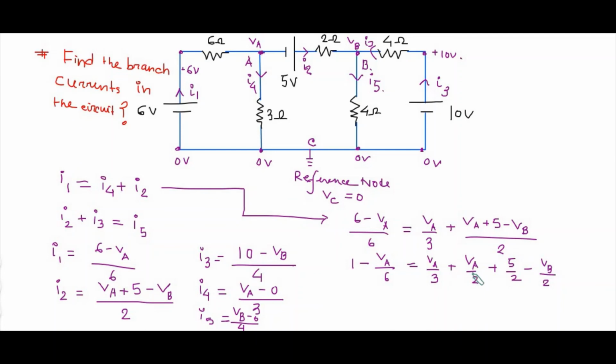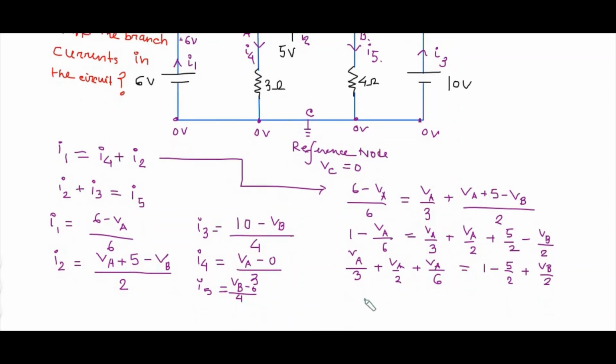Let's bring all the VA terms together. Taking this VA by 6 to the right hand side, it's VA by 3 plus VA by 2 plus VA upon 6, and let's bring VB to the opposite side, so it is 1 minus 5 by 2 plus VB by 2.